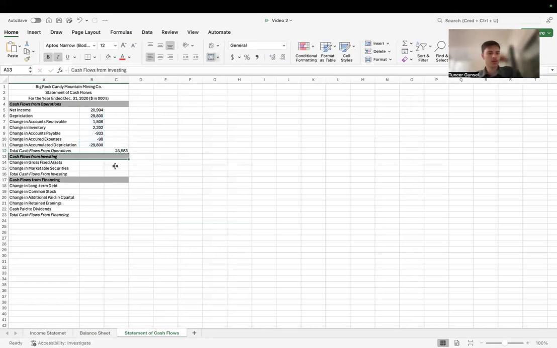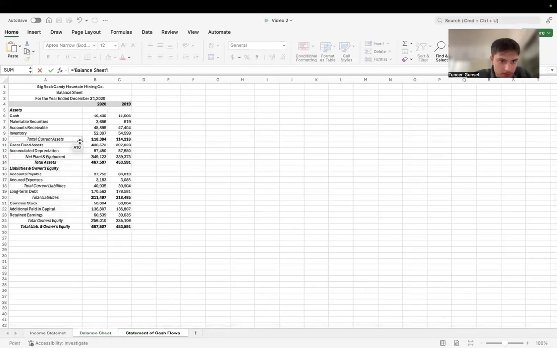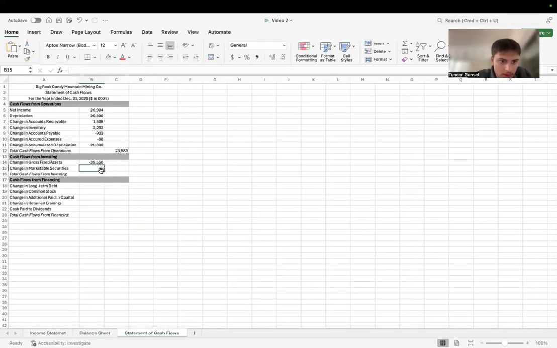Okay. Now we're moving on to cash flows from investing activities. So we need to find the change in gross fixed assets, which equals balance sheet gross fixed assets minus the previous year, and marketable securities next.